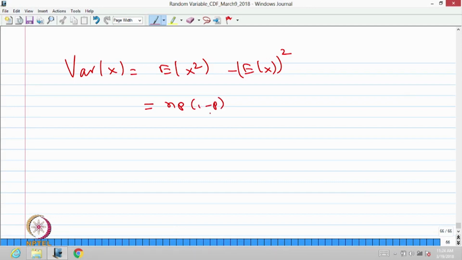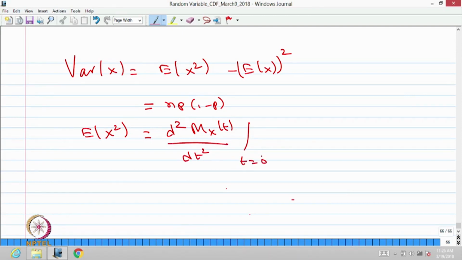For the other method, you find the expectation of X square, which is nothing but the second derivative of the MGF of X with respect to t twice, then substitute t equal to 0. That simplification gives the value n into n minus 1 p square plus np.